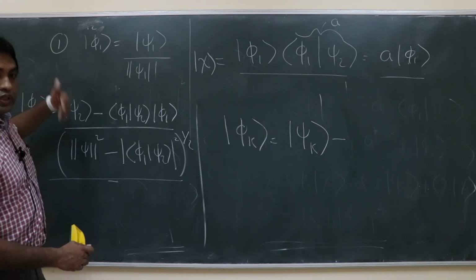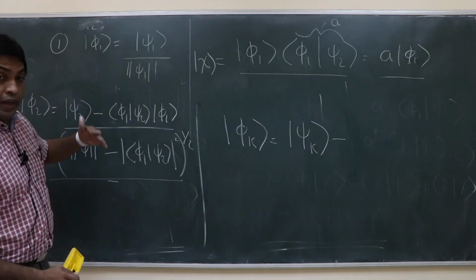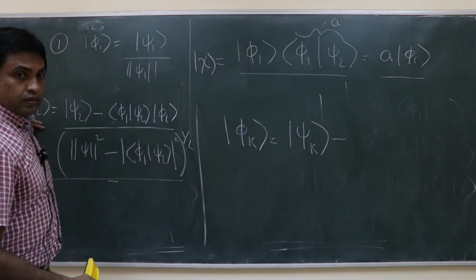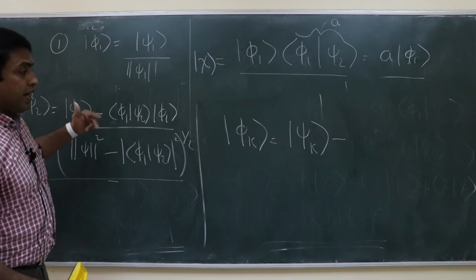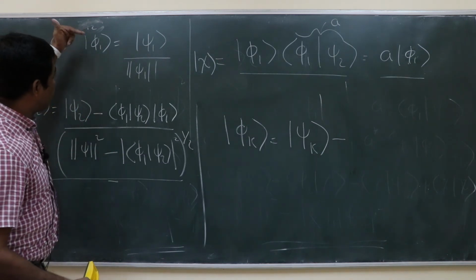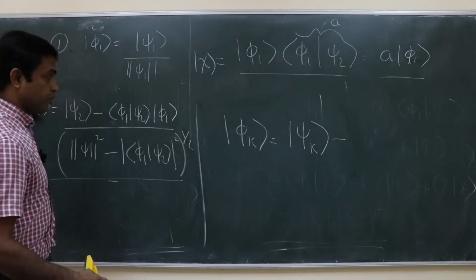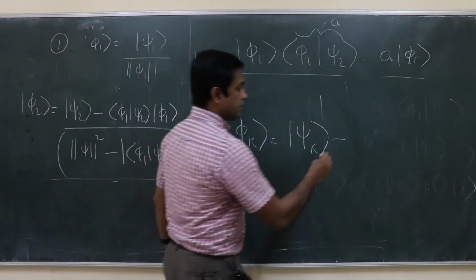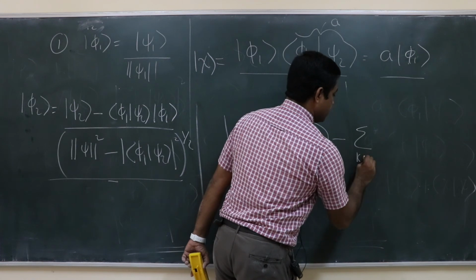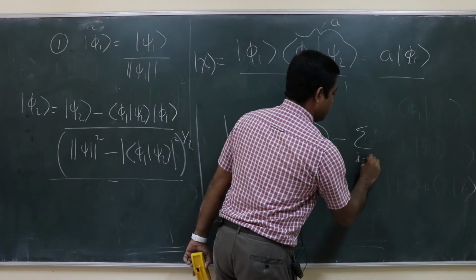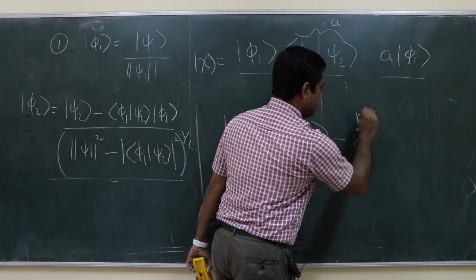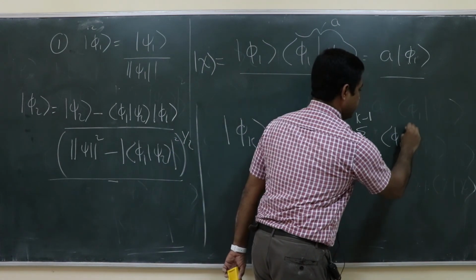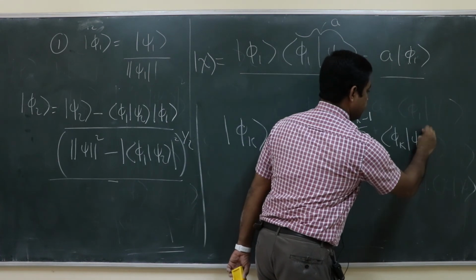If I want to make the third vector orthogonal to the first one and the second one, then I should subtract the component along phi 1 and the component along phi 2. So then I will have two terms here. So there will be a summation, i equal to 1 to k minus 1, phi i psi k.